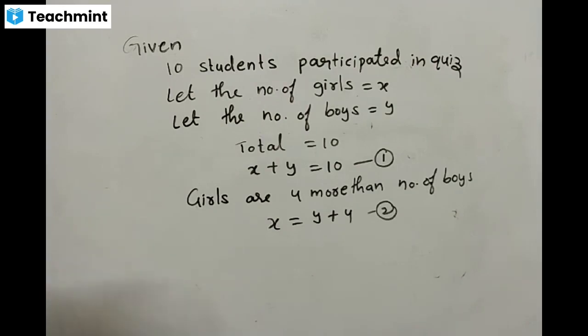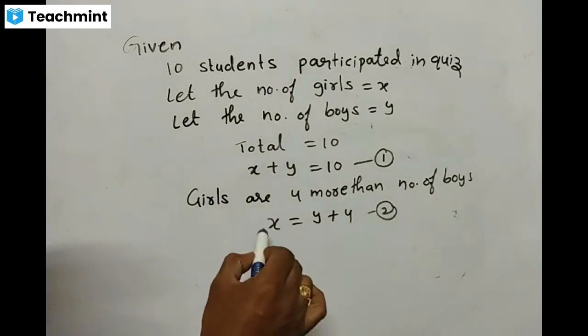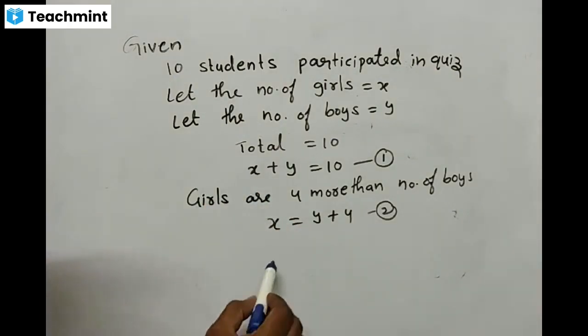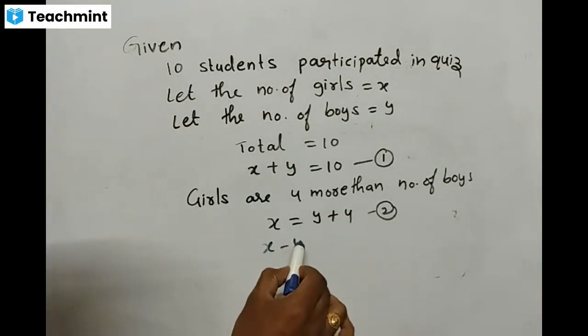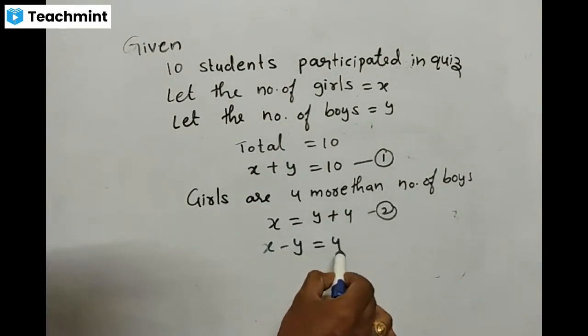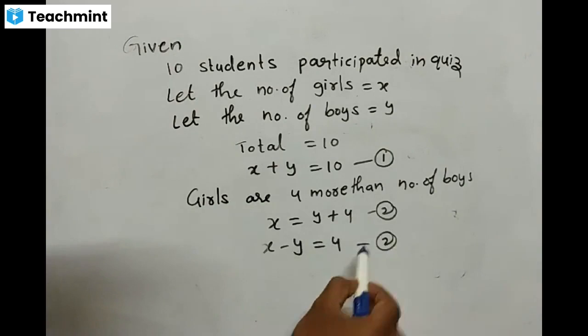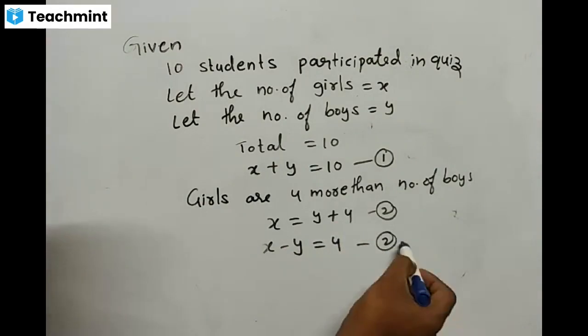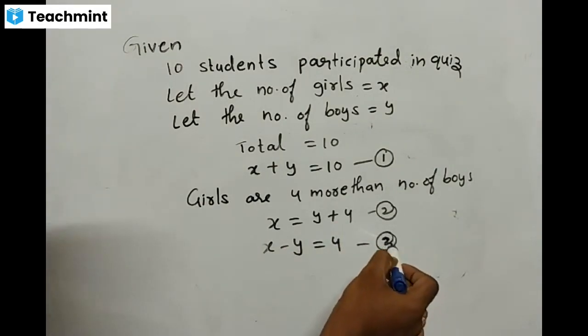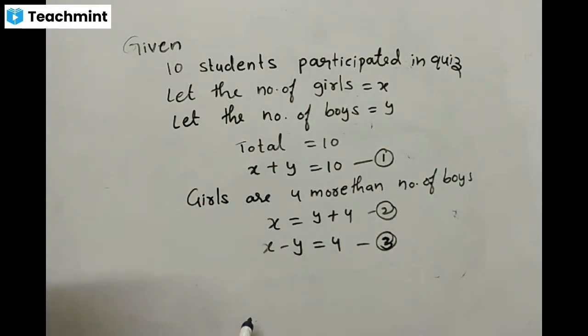Now you substitute x value here, or if you bring this, minus y is equal to 4. This is equation number 2. X minus y is equal to 4. This is equation number 3.